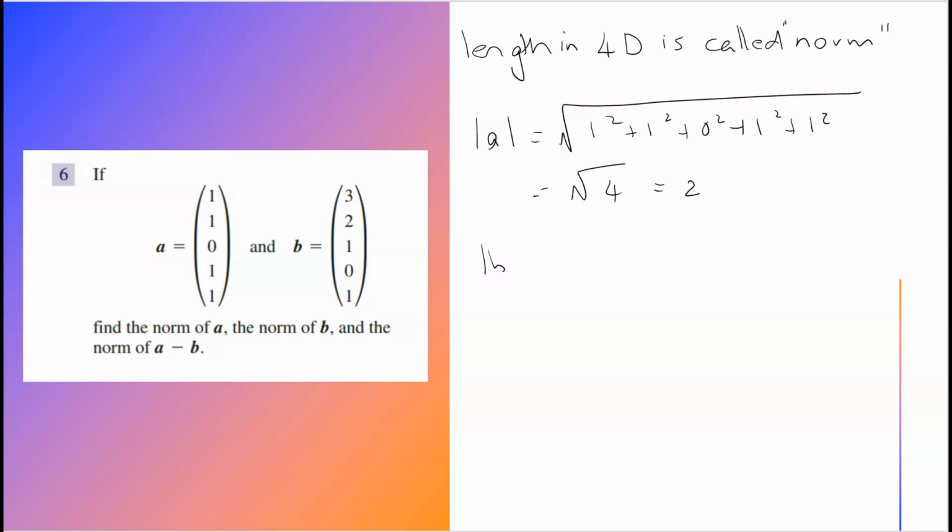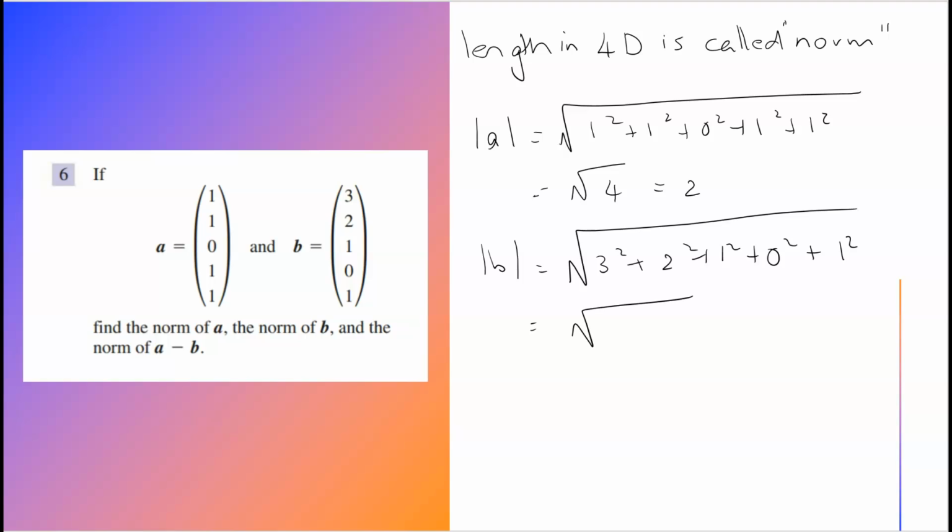And then the length of B is going to be similar, only bigger. It'll be 3 squared plus 2 squared plus 1 squared plus 0 squared plus 1 squared, which is going to be the square root of 15.